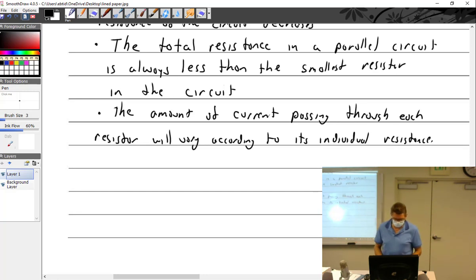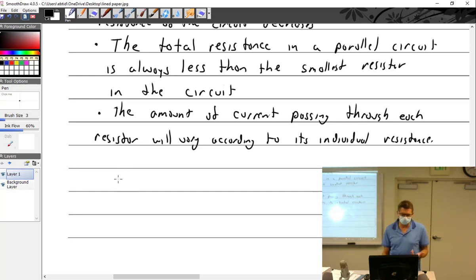So there is one in the book, if there's two resistors, it's R1 times R2 divided by R1 plus R2. I just hate all that. Then there's another one if there's multiple, but they're the same, like resistors: R total equals the resistance divided by the number of them. See, and then there's another one. So let's just keep it simple, right?